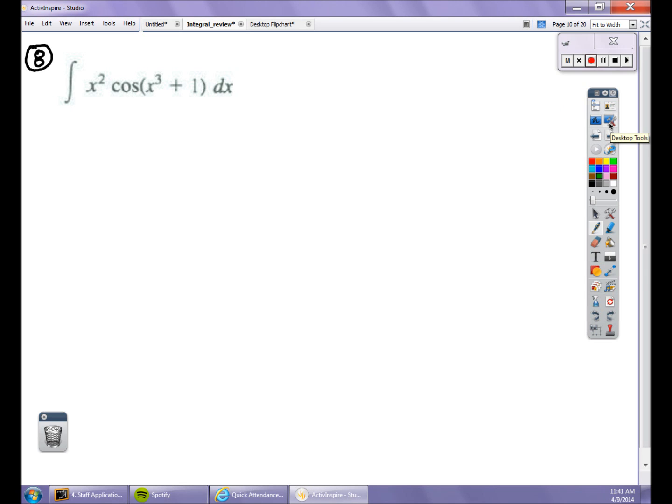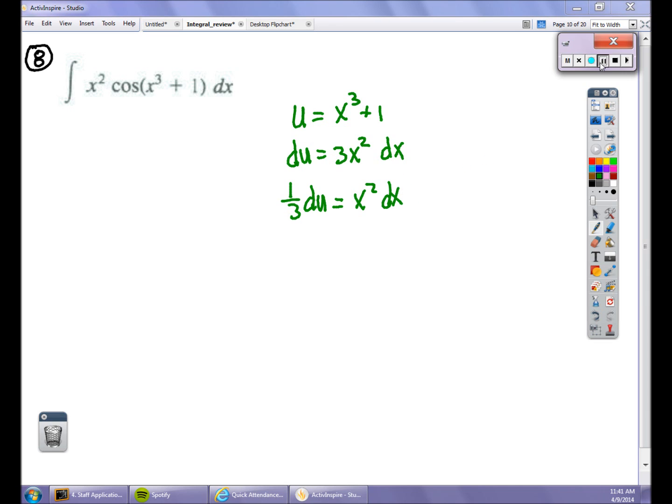Question 8, here's your first one involving trig. There's a little hint for you. Taking the derivative, you get 3x squared. We want to make that 1/3 du. And time for substitution.